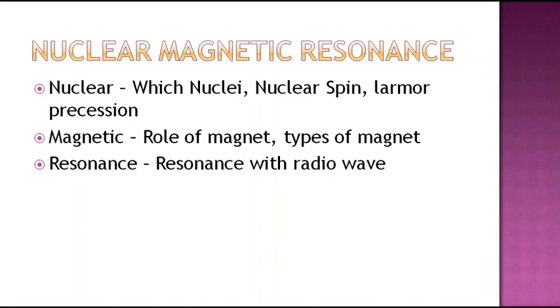That is another question to be discussed in detail, because the natural abundance and the gyromagnetic ratio of the nuclei play a very important role in the sensitivity of the nuclei to be recorded in NMR spectra.